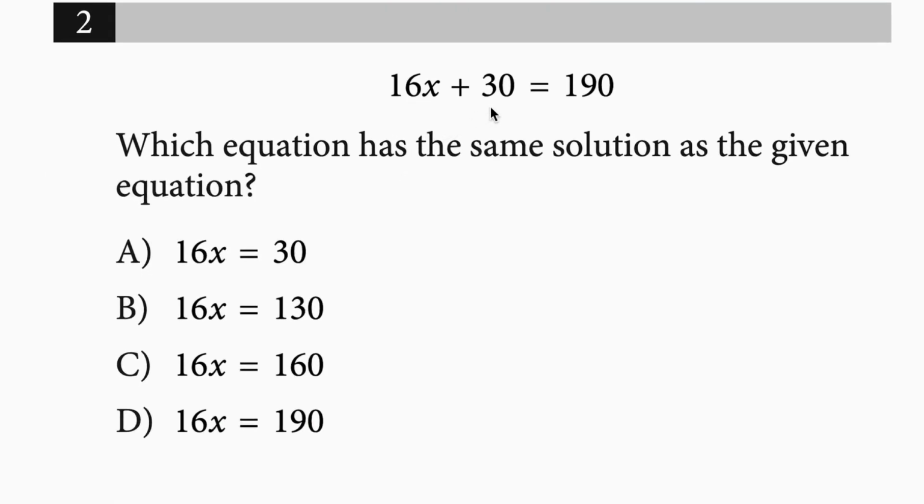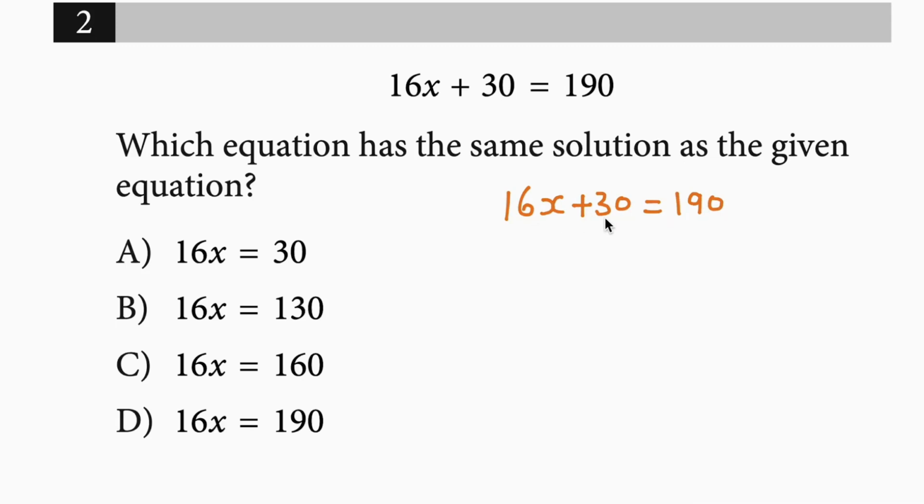16x plus 30 is equal to 190. Let's see what the options are. Here it's not about the value of x, it is about the value of 16x. So if our equation is 16x plus 30 equals 190, I need 16x.